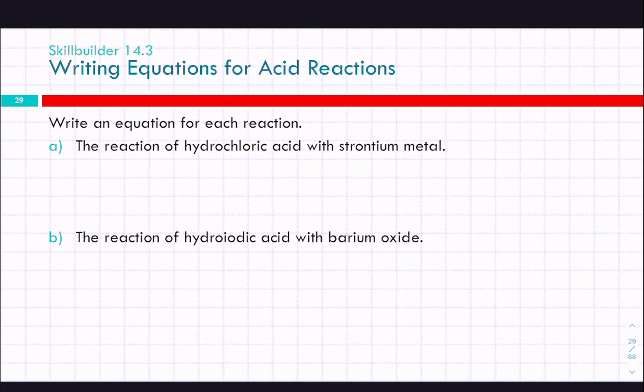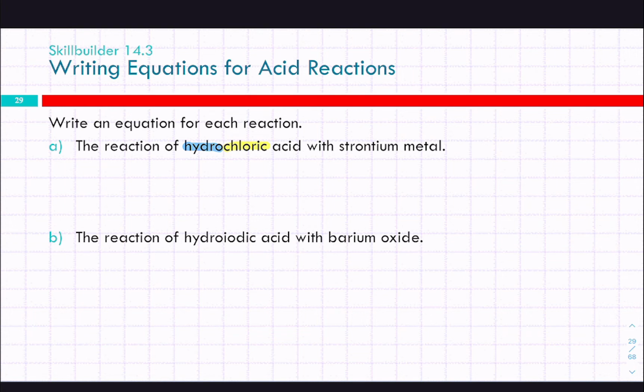So just very quickly, again, this is the kind of problem where you really need to know the nomenclature. So hydrochloric acid, to break this down, the hydro here tells us that it's a binary acid. And then chloric tells us that it's a binary acid of chlorine.